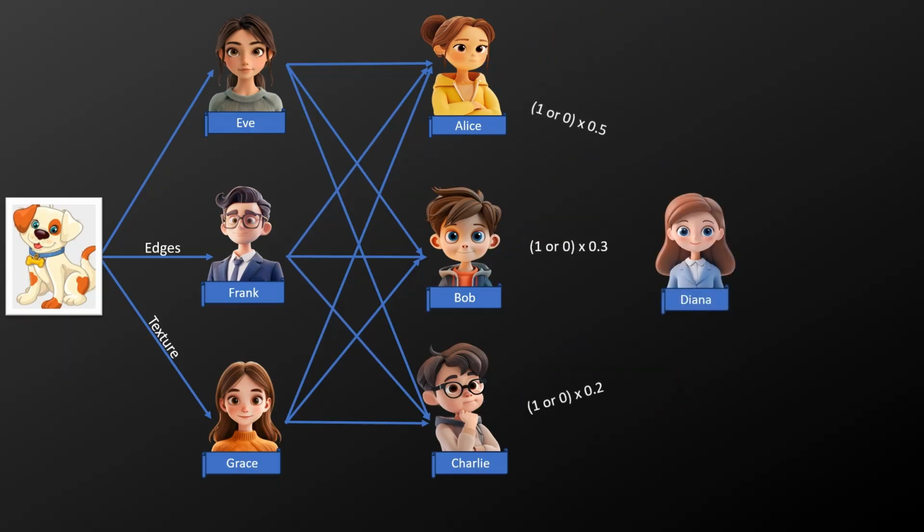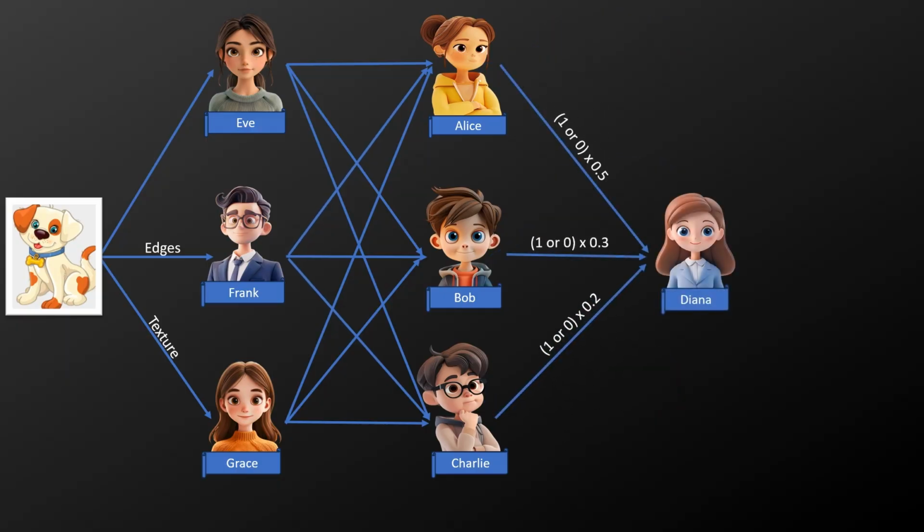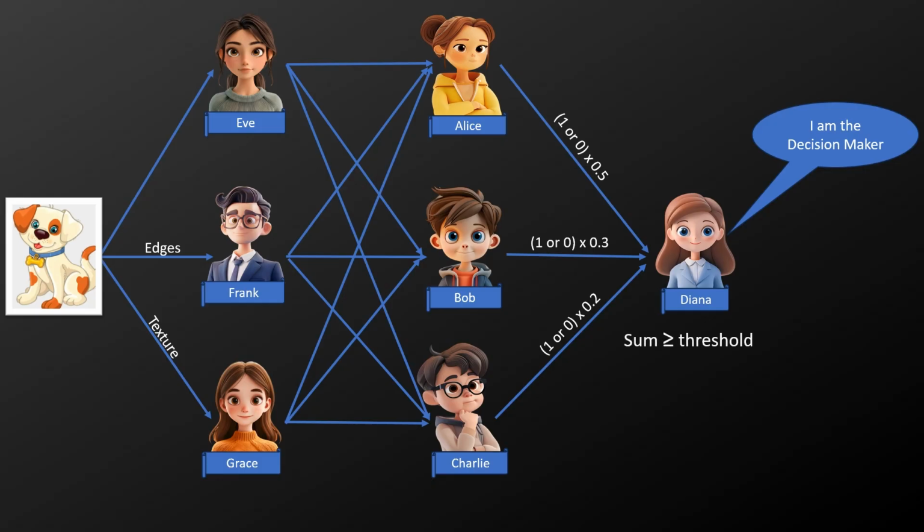Everyone then passes their findings to Diana. Diana listens to everyone's inputs and makes a final call by summing up their weighted opinions. If the total confidence score is above a threshold value, she says, "Yes, this is a dog." Otherwise she says, "No, this isn't." For our example, let's take the threshold value as 0.7.